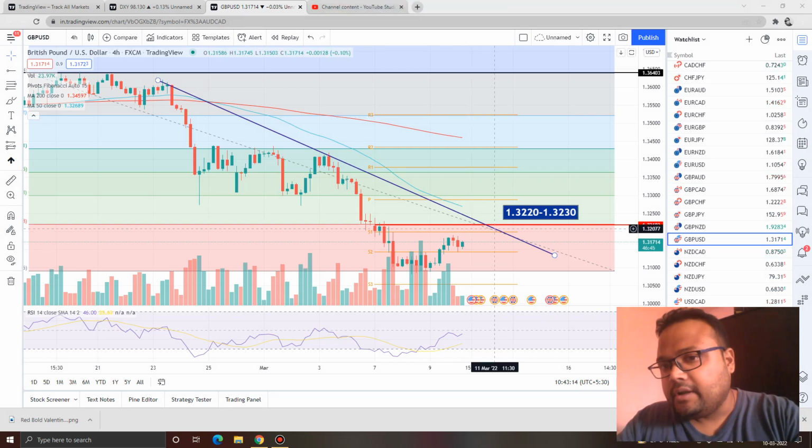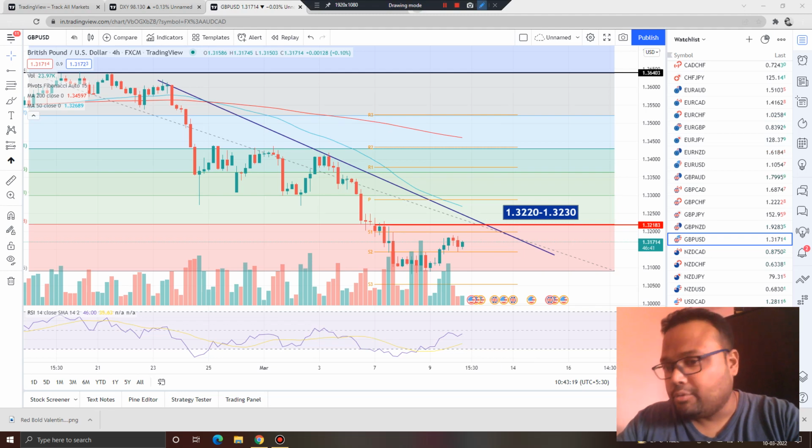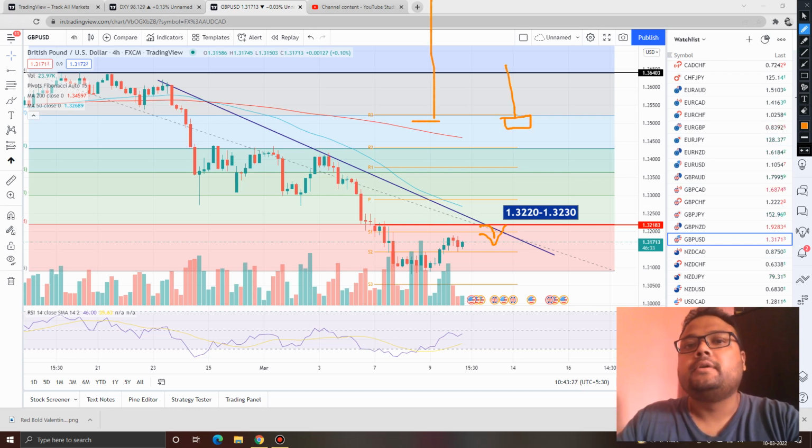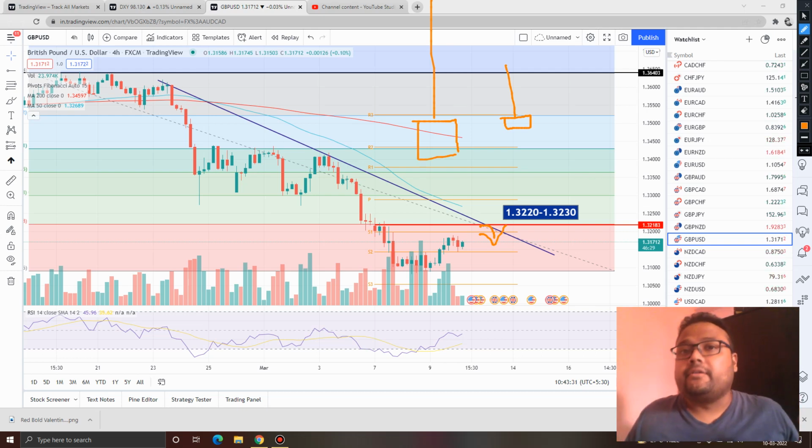If the market reverses from this level, we can definitely take a sell position. How do we get the confirmation? The confirmation will be in the form of a shooting star, a bearish pin bar or a bearish engulfing pattern.